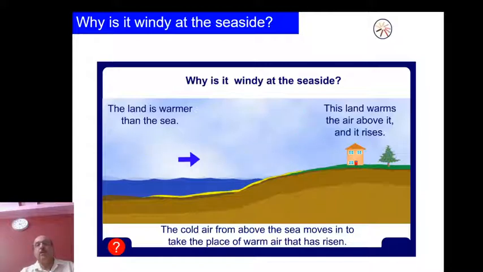The air rises up and becomes cooler after some time and they will come again toward the sea. And this process is happening and thereby it is windy at the seaside.